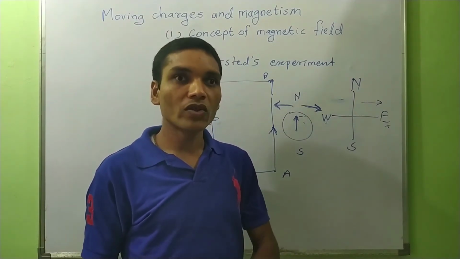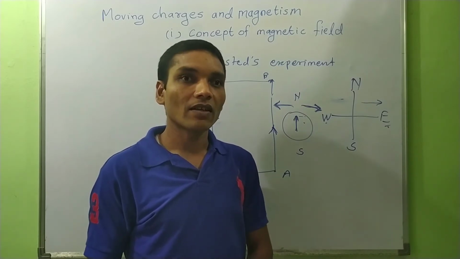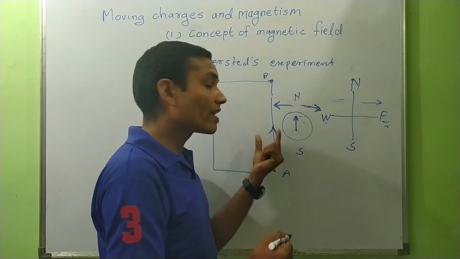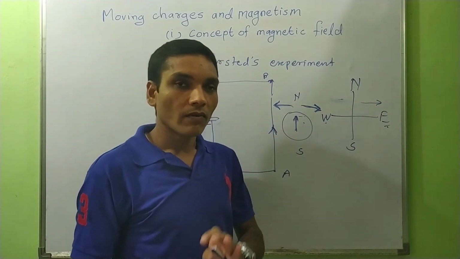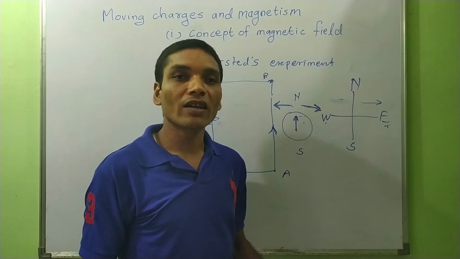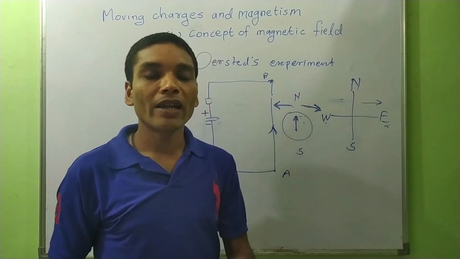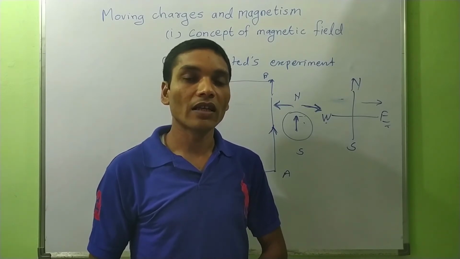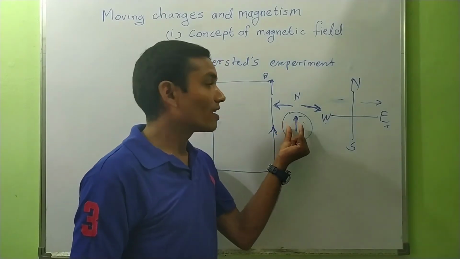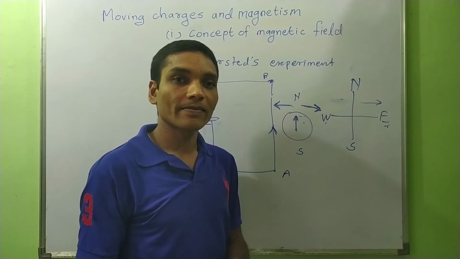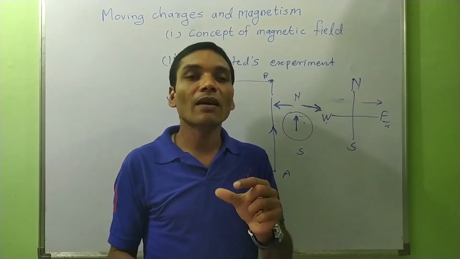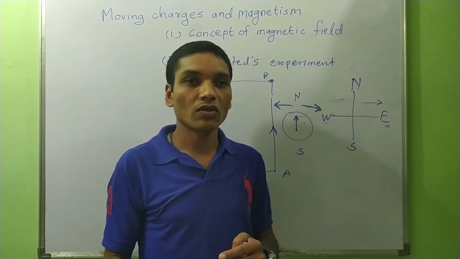Means, the conclusion is that he observed that around the current carrying conductor, when current is flowing through the conductor, a magnetic field is produced. That's why this magnetic needle deflects. Means this magnetic needle experiences some magnetic force.